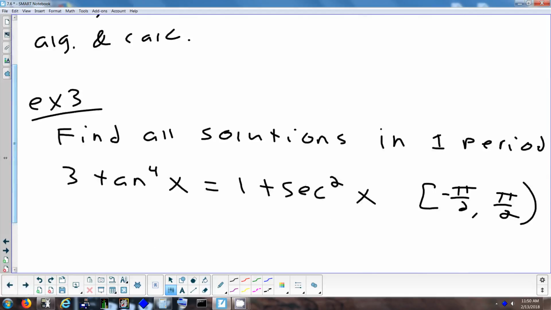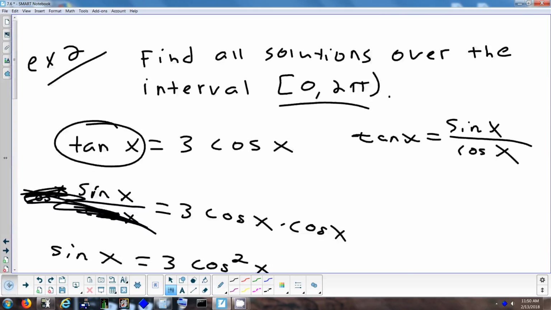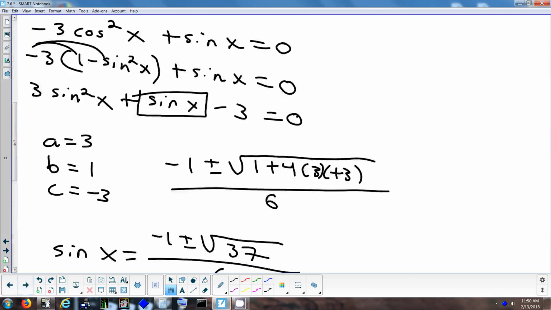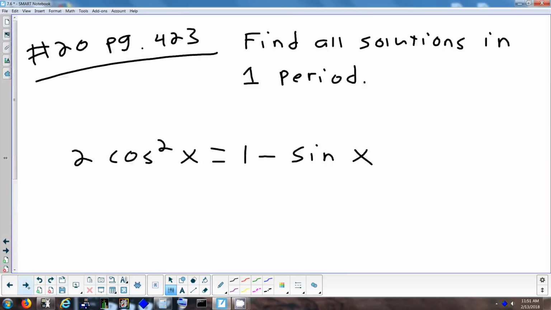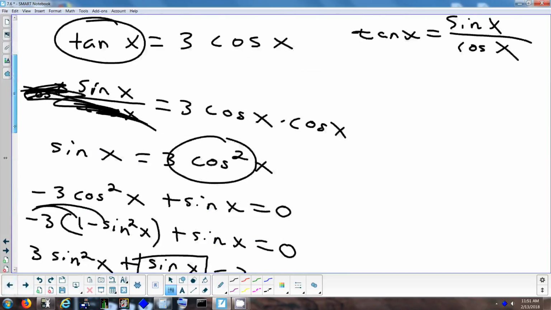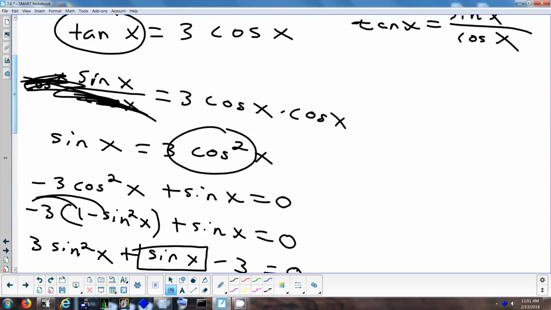Okay, so we want to get everything in one trig function. Which one have we always replaced? The squared one. In every problem, we've taken the thing that has been squared, and that's always what we replace.